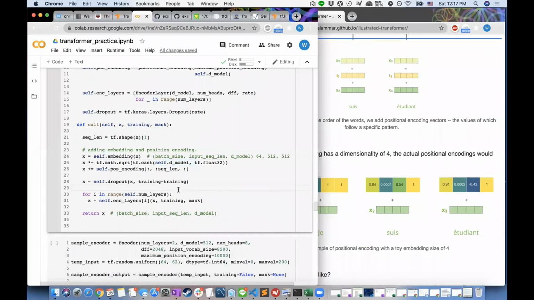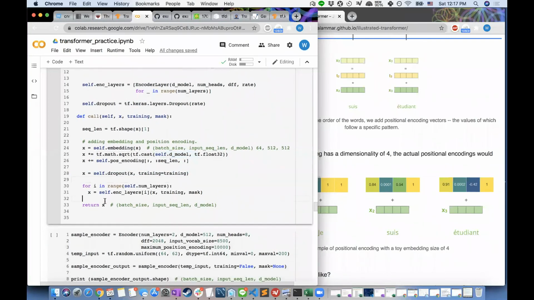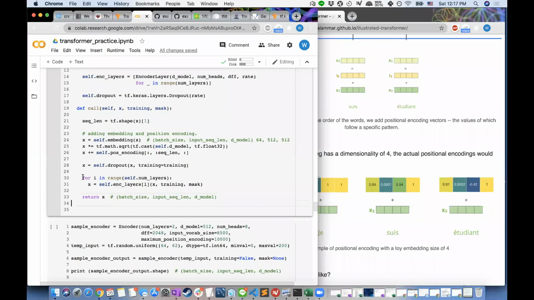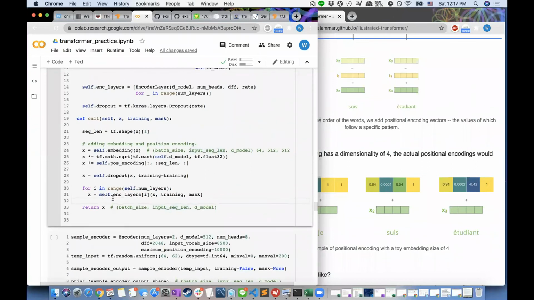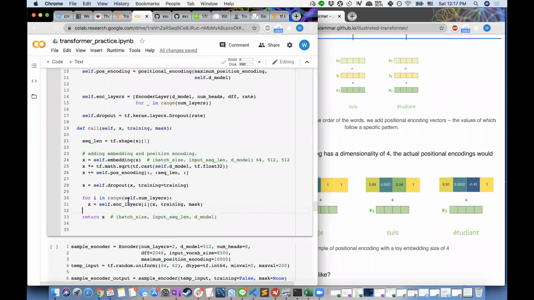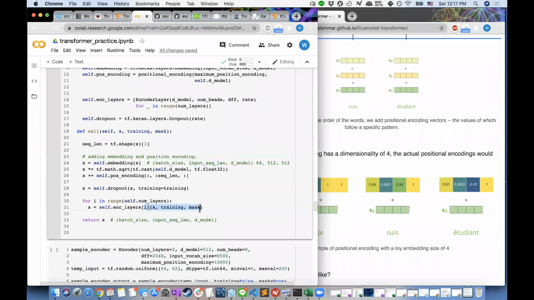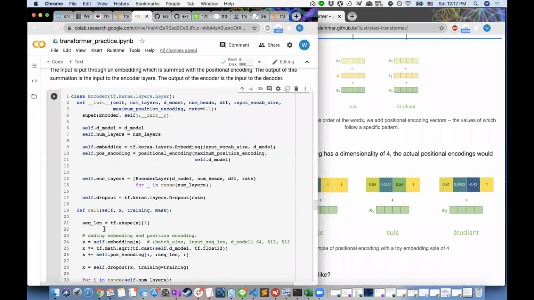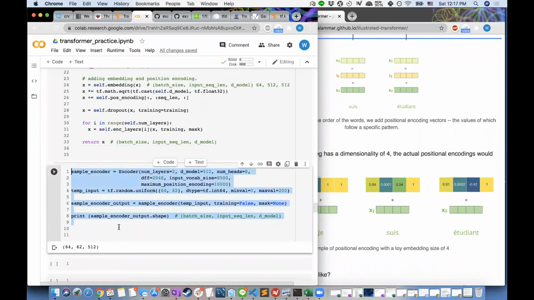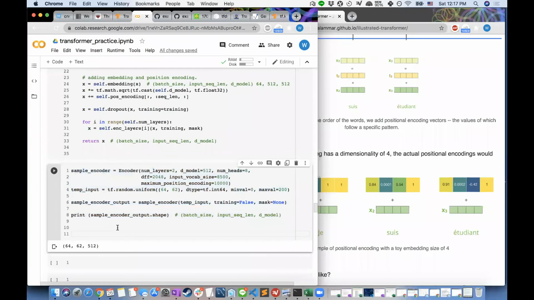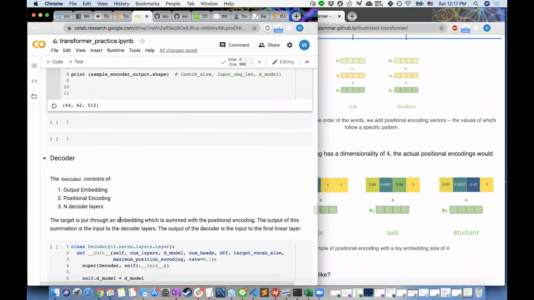And you're doing the dropout here. And for the number of layers, you're doing x equals self.enc_layers, and you pass that in, and you have your encoder's outputs. I believe that's what it is.